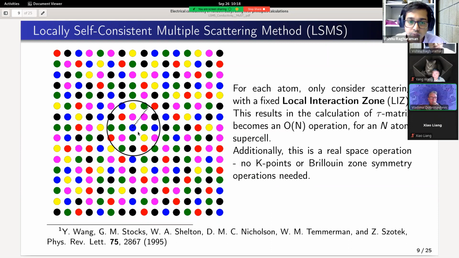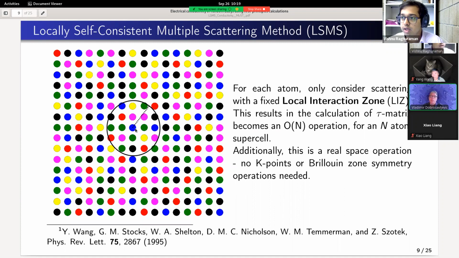So for each atom, you specify what's called the local interaction zone, the LIZ, which is characterized by an LIZ radius. All atoms within that radius are taken into account when you calculate the tau matrix, so you are including scattering between those scattering centers. But beyond that LIZ radius, you don't take anything else into account.